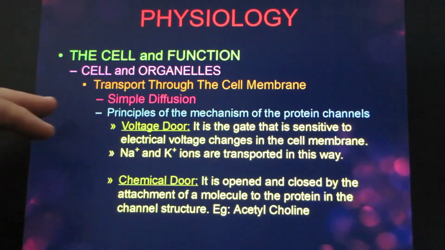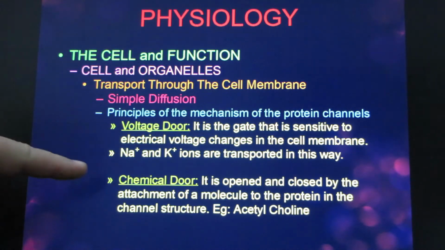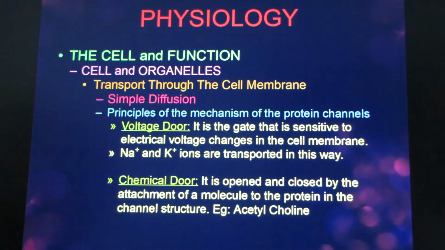So if we look at the principles of the mechanisms of the protein channels in simple diffusion, there is a voltage door and there is a chemical door. The voltage door is the gate that is sensitive to electrical voltage changes in the cell membrane. And sodium and potassium ions are transported in this way.